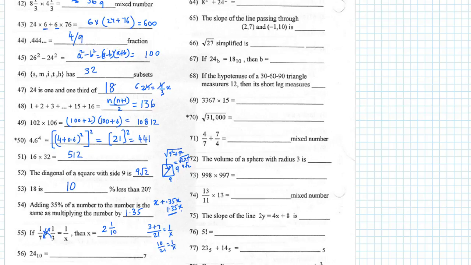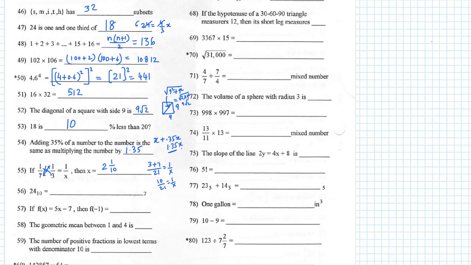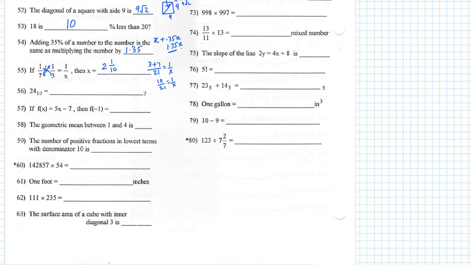Question 56, 24 base 10, and that needs to be converted to a number in base 7. So basically what they're asking is how many 1s and how many 7s and how many 7 squares are there in this number 24. So 7 squared is 49.